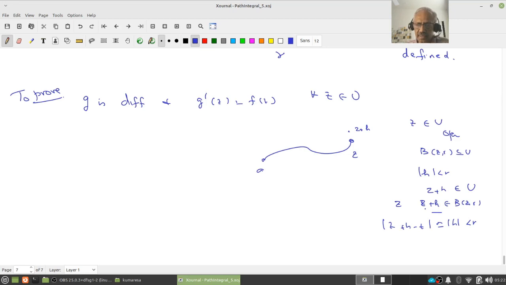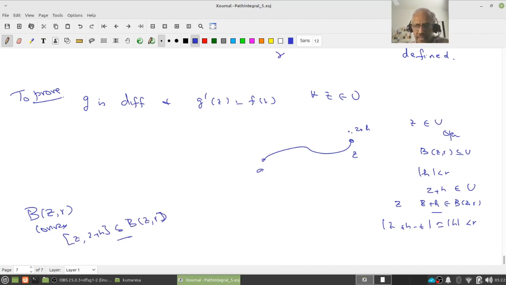Is that clear? Now what do I know about B(z, r)? This is convex. Therefore the line segment from z to z plus h is contained in B(z, r). All these things we had already seen.